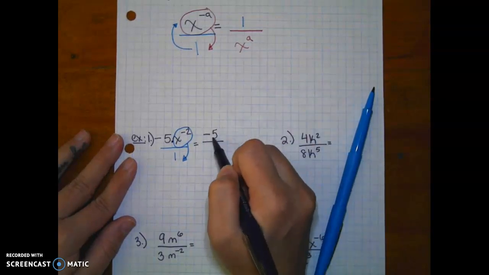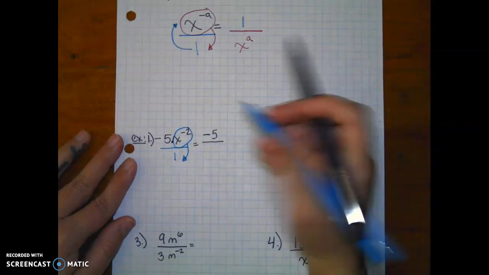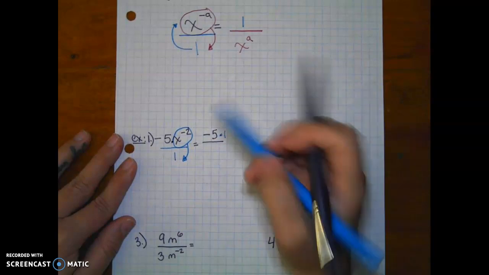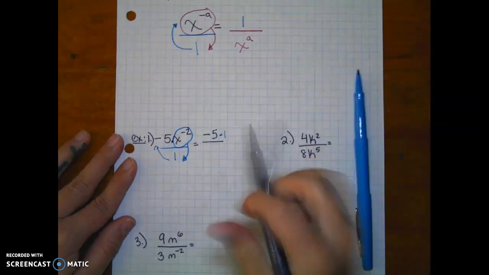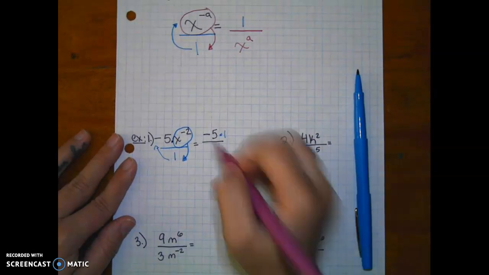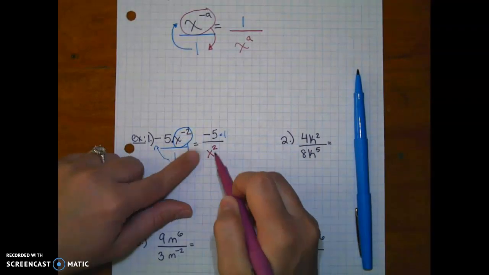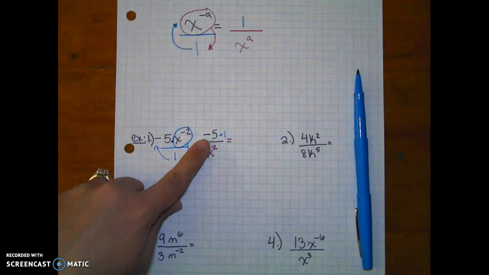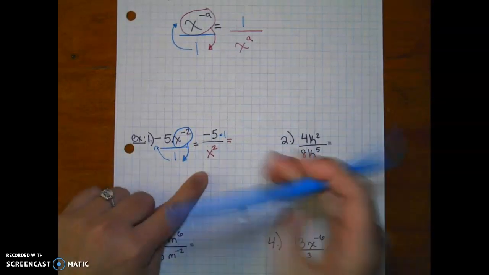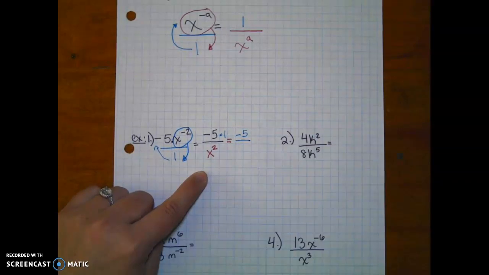So on top, I have negative 5 times 1, right, because I flipped the 1, over x to the power of 2. Because remember, if I flip it from the top to the bottom, it's going to become a positive. So my final answer is negative 5 times 1, which is just going to be negative 5, over x squared.